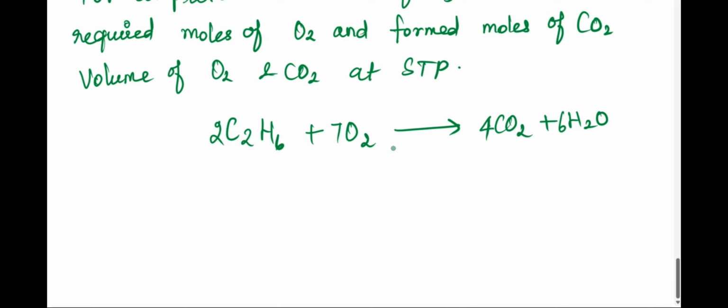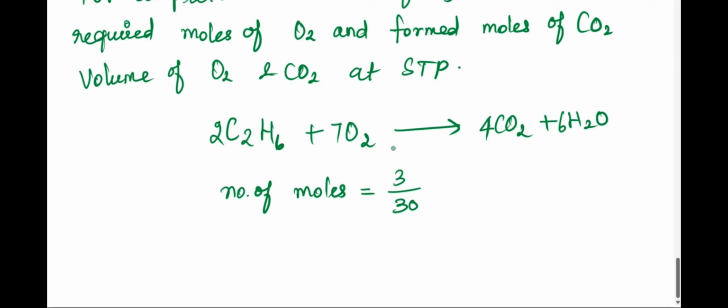Now, what are the things we need to find? Find the required moles of O2 and formed CO2. The total amount of ethane given is 3 grams. So number of moles: 3 gram is equal to 3 by 30.